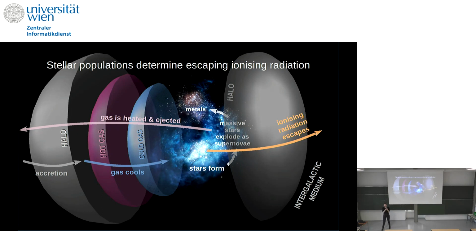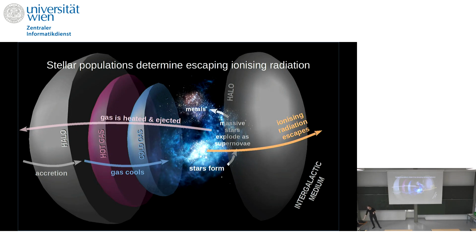But then also, if you have this ionizing stellar population and this ionizing radiation, the question is how much of this ionizing radiation actually escapes from the galaxy into what we call the intergalactic medium, so outside of the galaxy. And this very much depends on the gas composition and distribution within the galaxy.